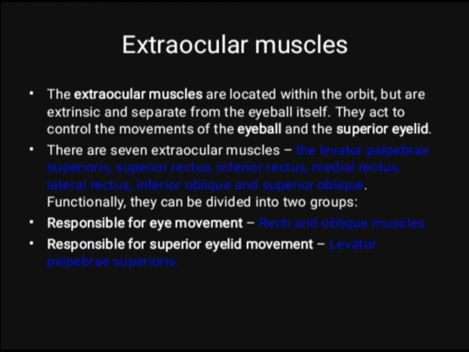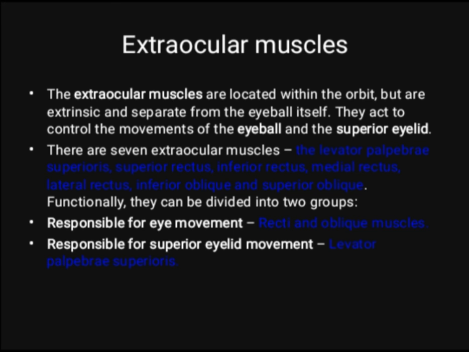We have 4 rectus muscles: superior rectus, inferior rectus, medial rectus and lateral rectus, and 2 oblique muscles, inferior oblique and superior oblique, and 1 levator palpebrae superioris. This muscle helps in the movement of the eyelid. Here is the proper explanation of the muscles according to their function.